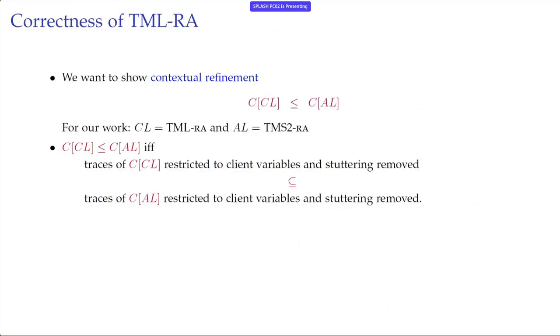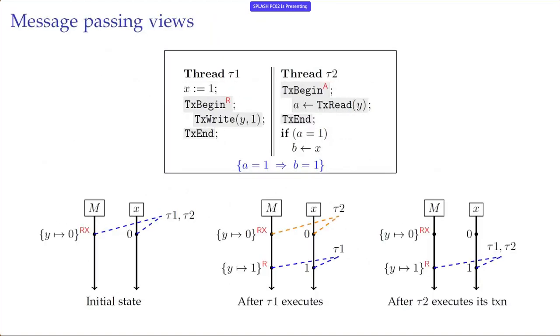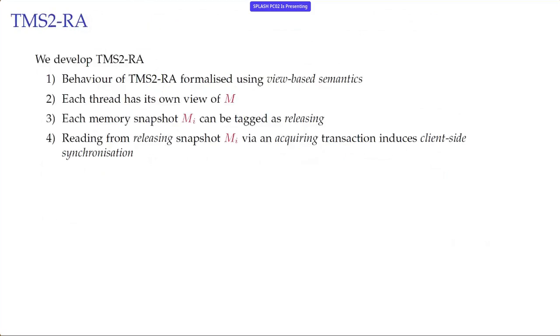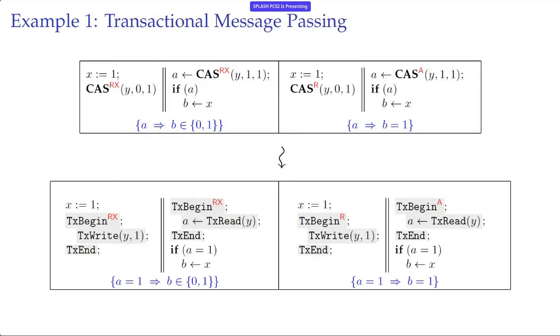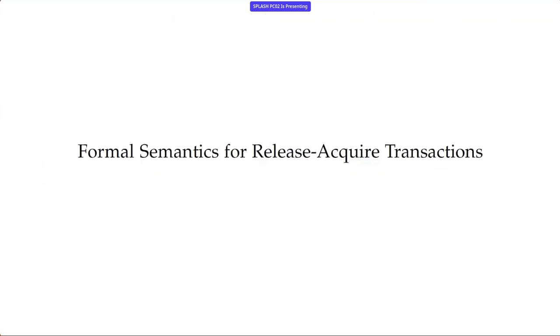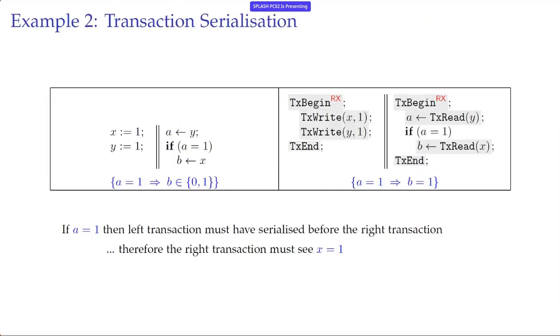Maybe you could point me to a particular slide. If you go back, I thought that's a little bit strong, but I want to hear what you think about it. By the way, we're using RC11. There was one where you put both accesses inside. I think this is the one. Here. And then you say it's strong enough to say that B is 1, right? Yes.